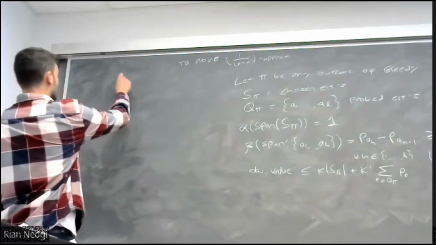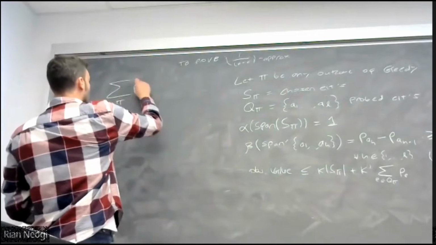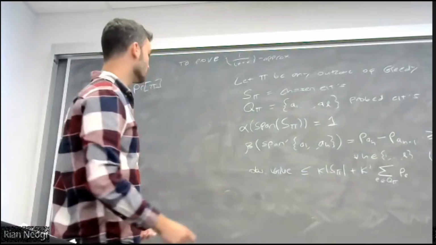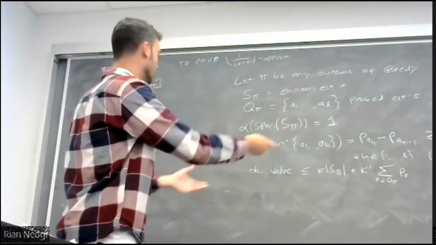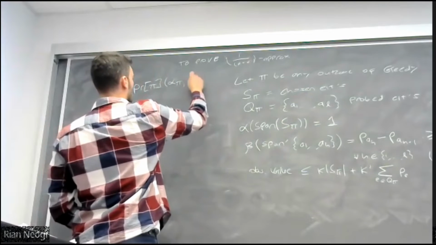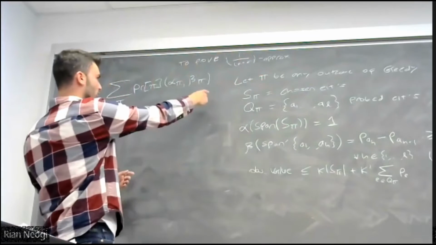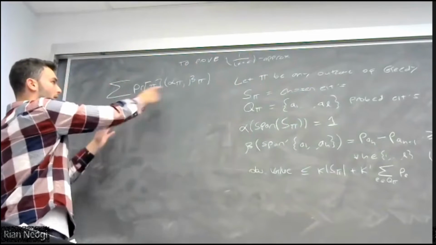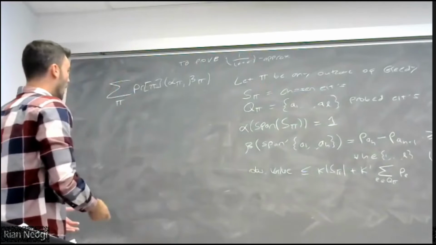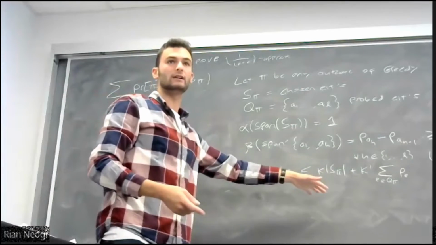If we just take the sum over all possible outcomes pi, the probability that this outcome actually occurs times our greedy solution, alpha pi, beta pi, defined as follows. Well, this is a convex combination of feasible duals, so we get another feasible dual. So this is another feasible dual, and let's compute what its objective value will be.